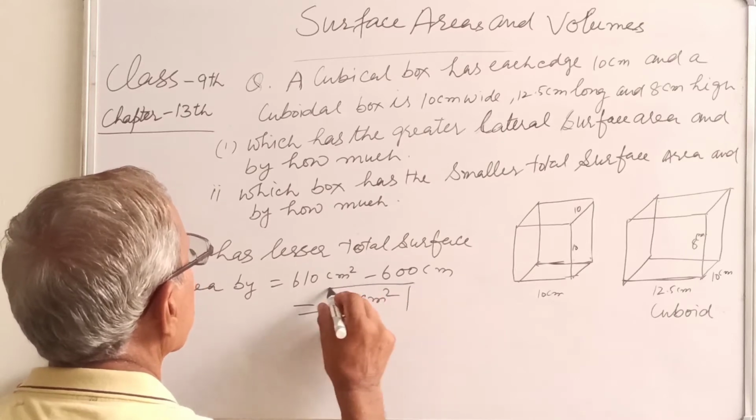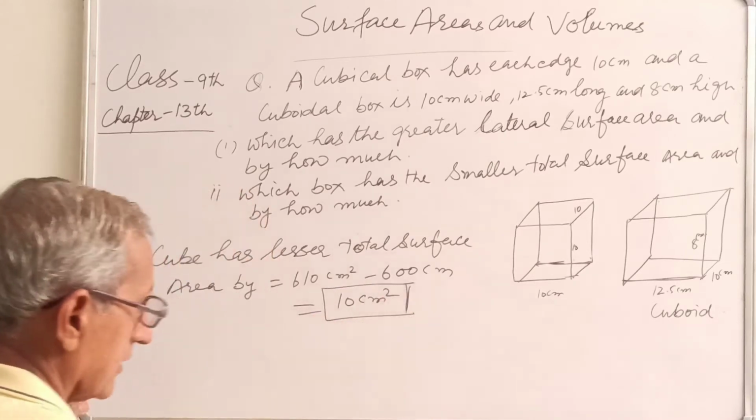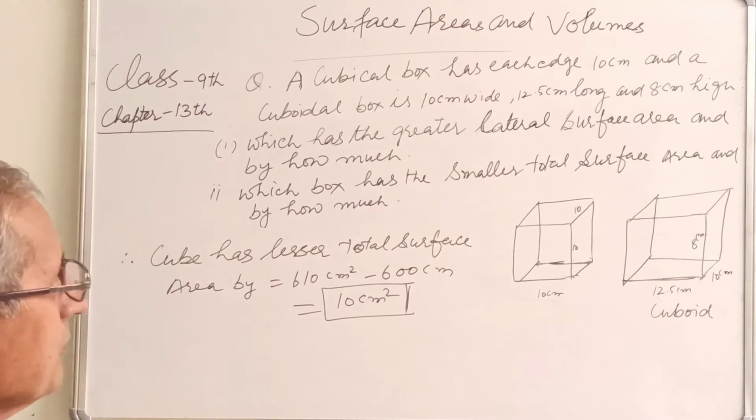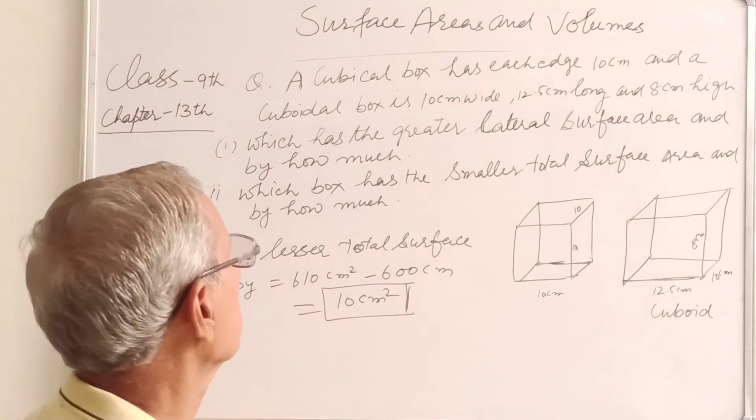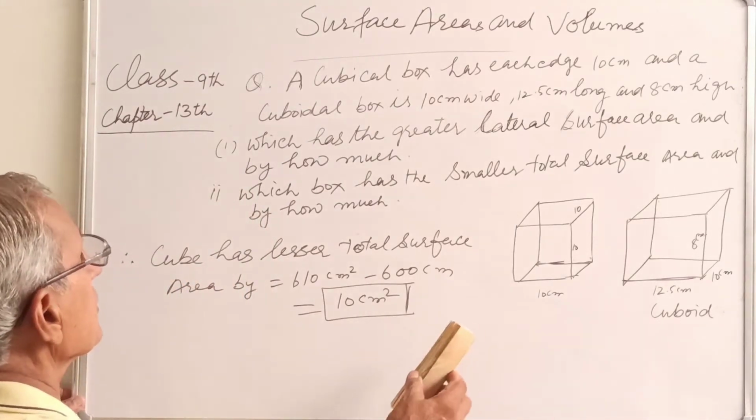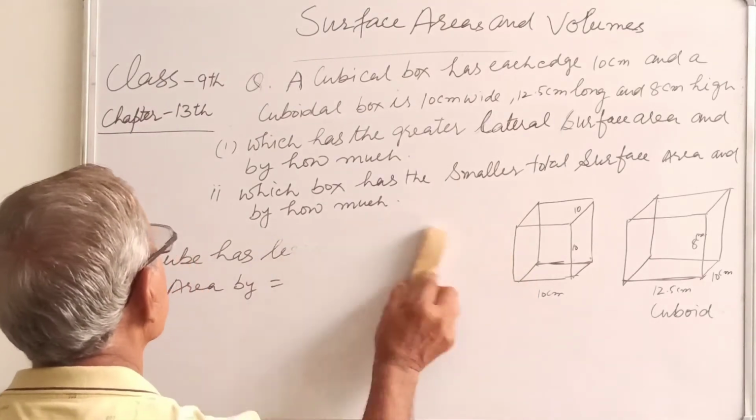This is the difference between the total surface area of the cube and the cuboid. So this was the question asked to you.